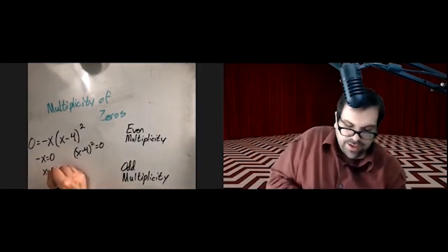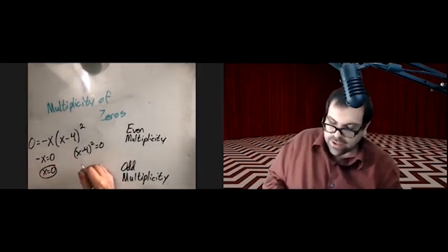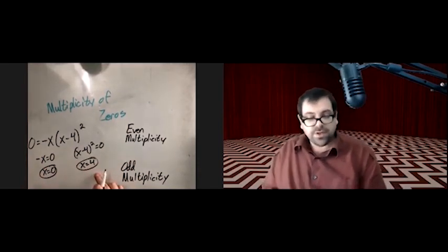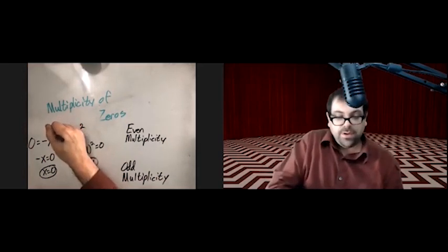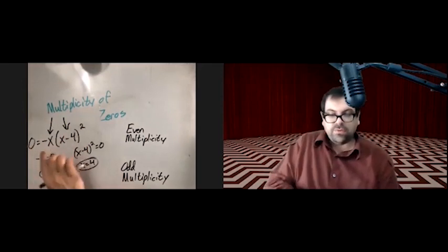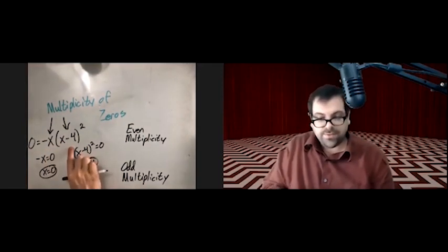We got an answer of x equals 0 and an answer of x equals positive 4. These were the two zeros. They came from these two factors.